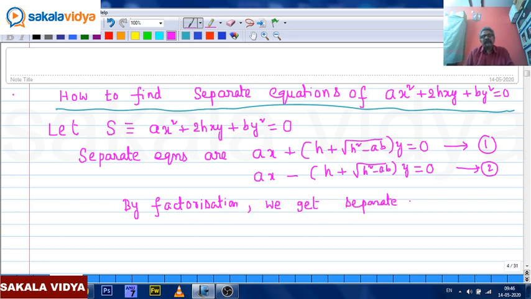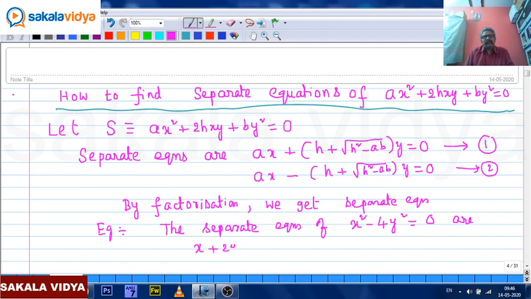For example, the separate equations of x square minus 4y square is equal to 0 are x plus 2y equals to 0 and x minus 2y is equal to 0. So these two are the separate equations of this pair of lines, x square minus 4y square is equal to 0.